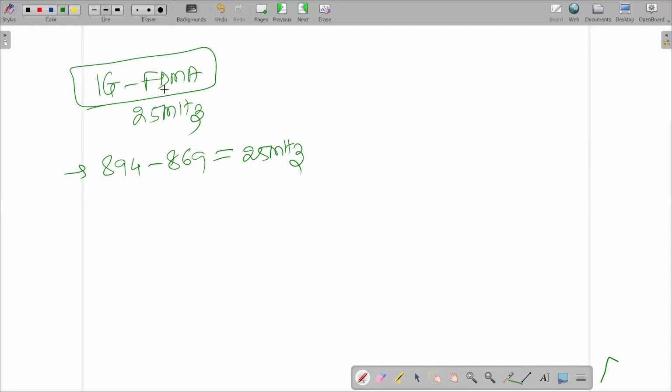This is assigned to the entire 1G services. As I was telling, human voice is around 4 kilohertz, approximately 3 to 4 kilohertz. To transmit this voice, this would be too high a bandwidth.